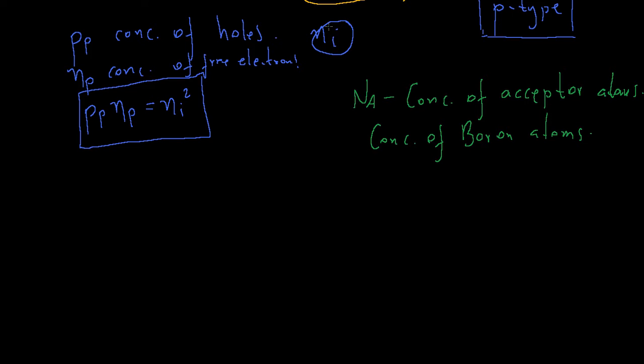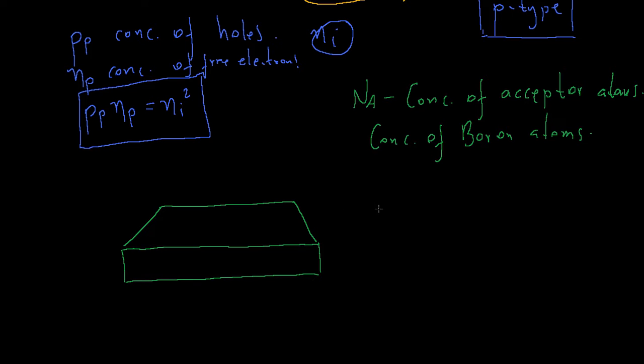Now if we take a piece of silicon like this, let me draw here a piece of silicon. If we take a piece of silicon like this and we dope it with boron, and we transform this into P-type silicon, then there is going to be a concentration of holes.